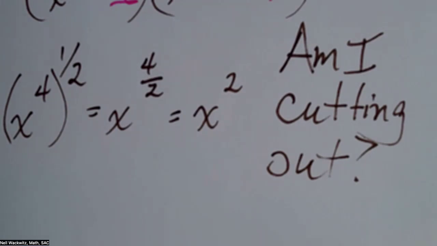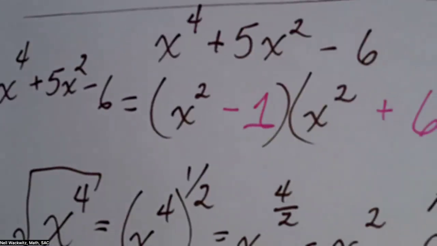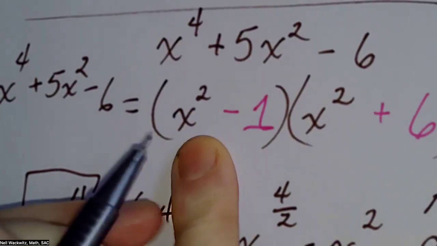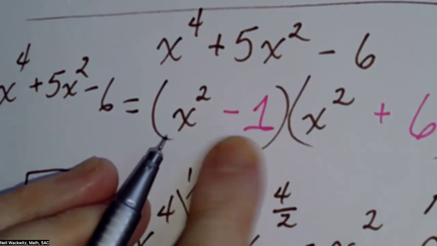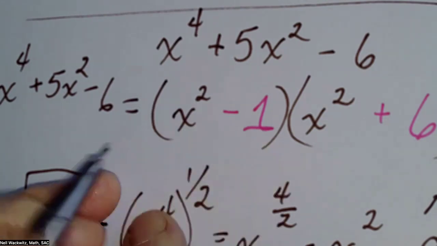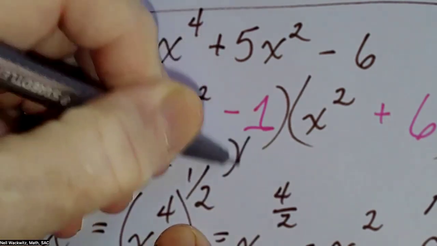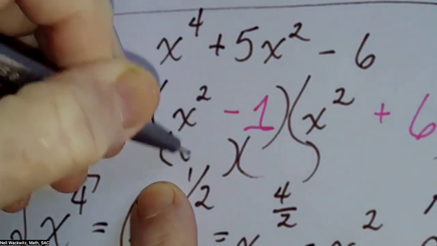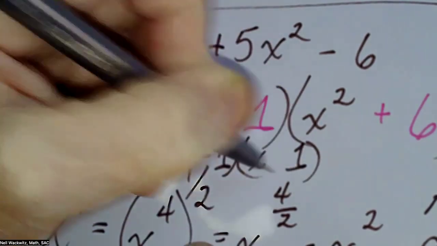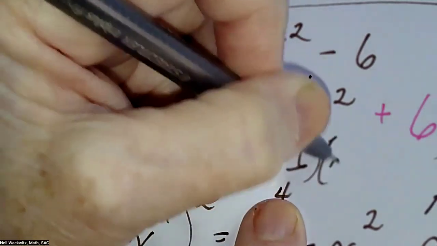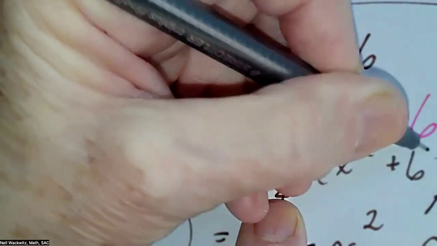Mostly, yes. But whenever you write it down, I can understand what you're asking. I just wanted you to see that we can continue to factor x squared minus 1: x minus 1, x plus 1, and we still have x squared plus 6.